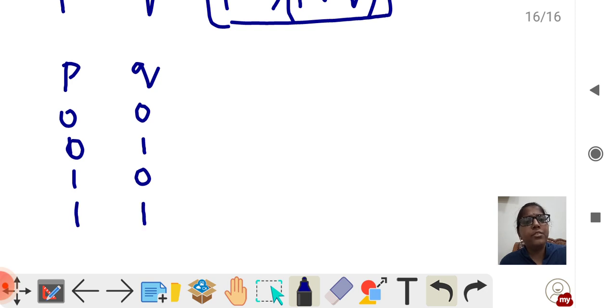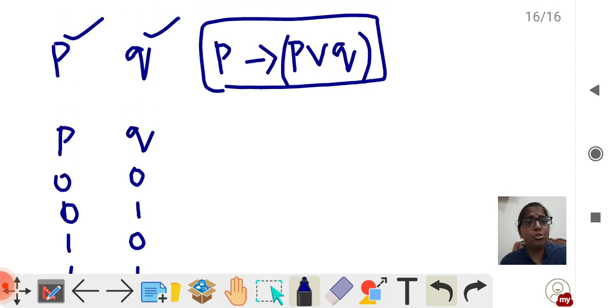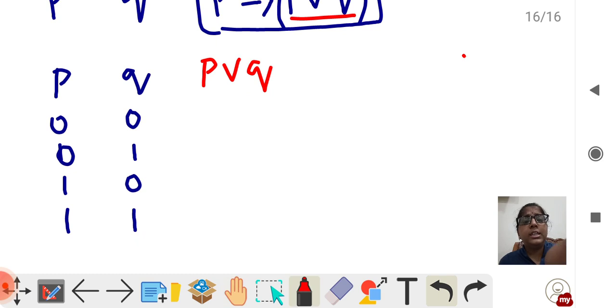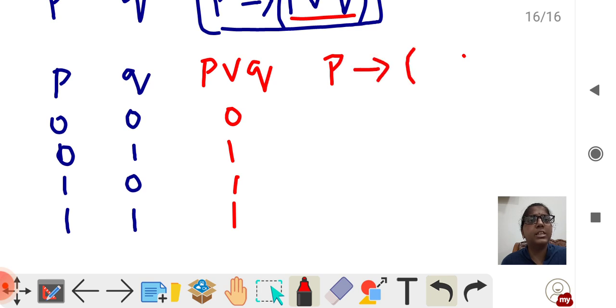First we have to solve the bracket. What is in the bracket? P ∨ Q. So 0 or 0 is 0, 0 or 1 is 1. At least one value must be true. 1 0 is also 1. 1 1 is 1.